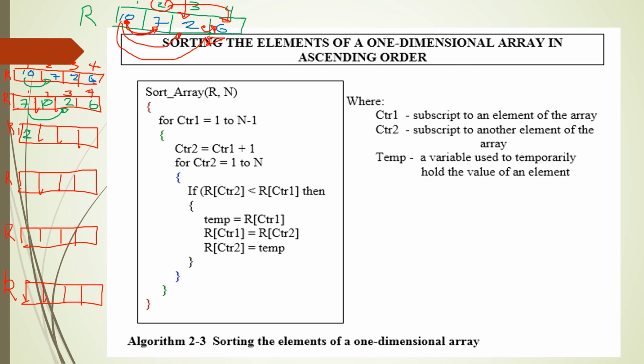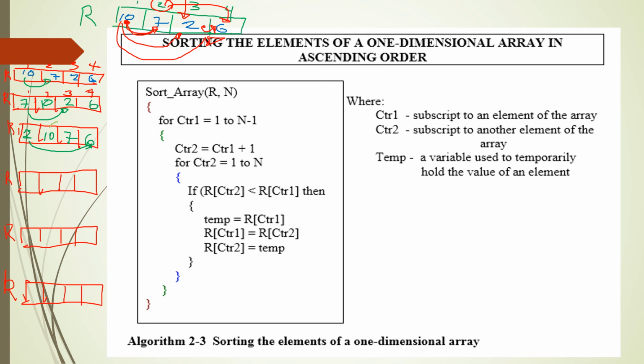So 2 will be placed here, and 7 will be placed here. 10, and then 6. And then, next, it will test the first and the last element. Now, 2 is lower than 6. Therefore, no need to swap. So, as is. And then, next, it will now go to the next element.